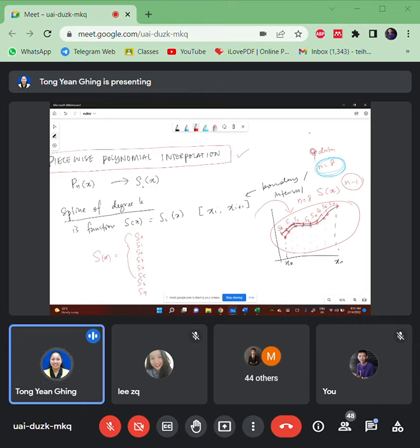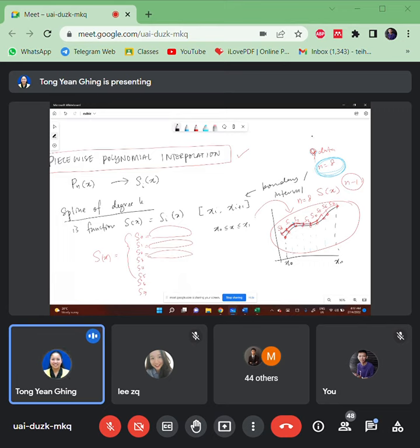I will divide into sub functions, a new function for each segment, where S0 is when x is from x0 to x1, or as in the example in the books and the video, it is like this.